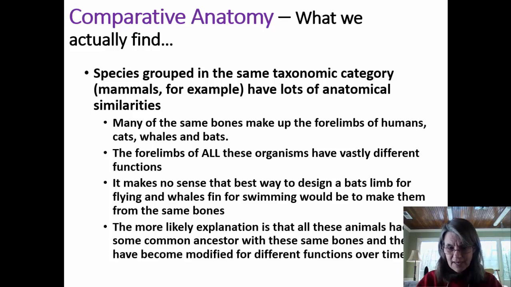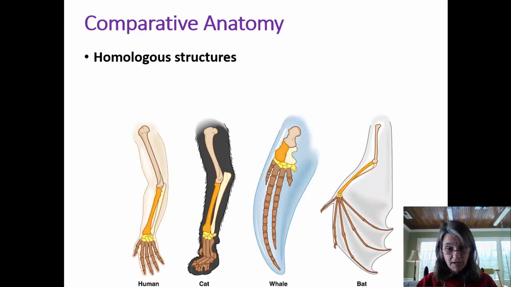The most likely explanation is that all these animals once had a shared common ancestor that had those bones. And since that common ancestor, those bones have become modified for different functions in different groups of organisms over time.